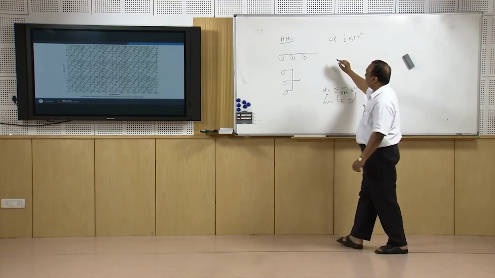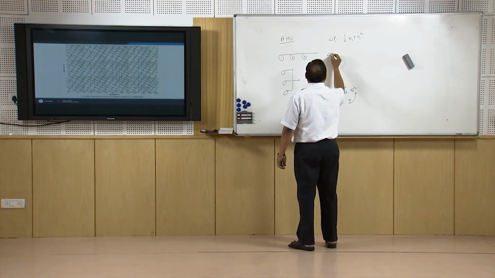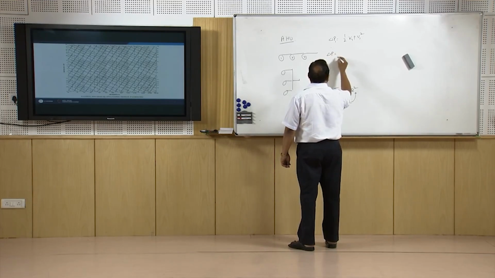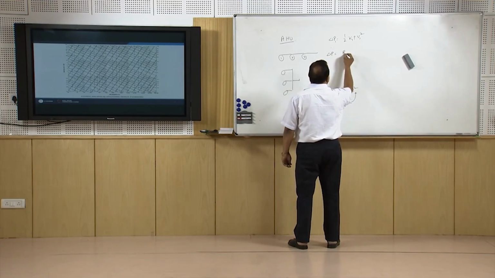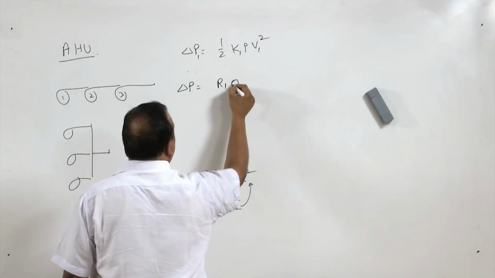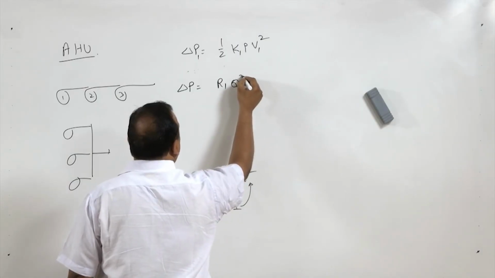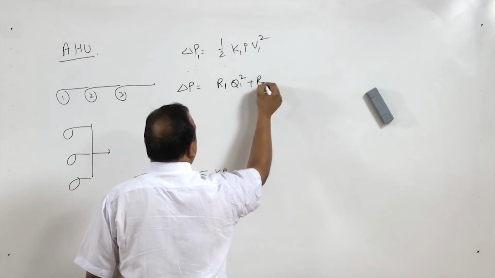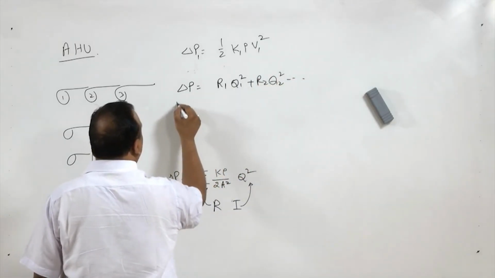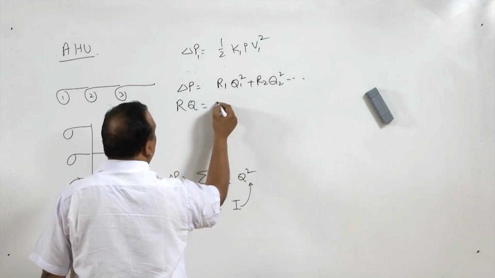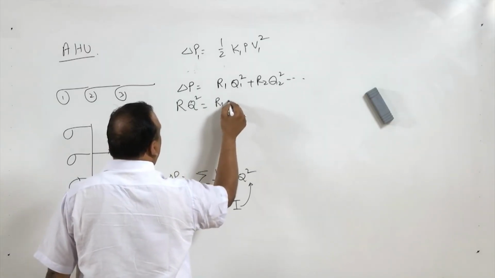Suppose they are connected in series. Delta P is equal to R1 Q1 square plus R2 Q2 square and so on, and delta P itself is R Q square. So R Q square is equal to R1 Q square plus R2 Q square and so on.